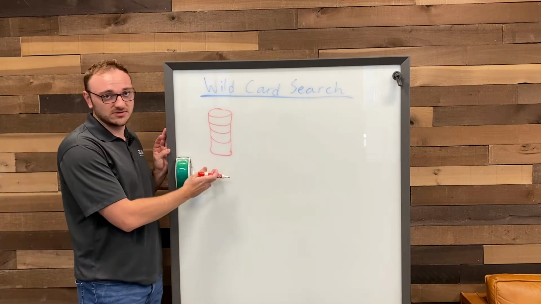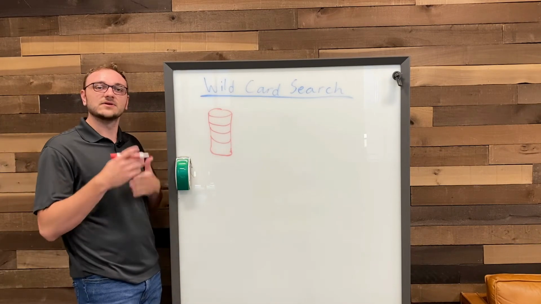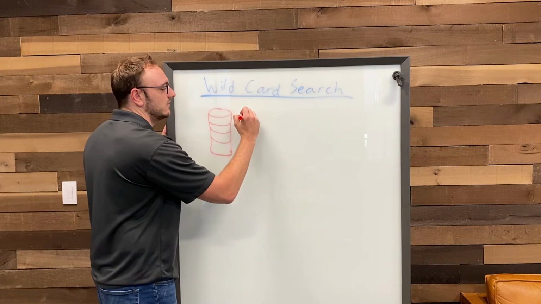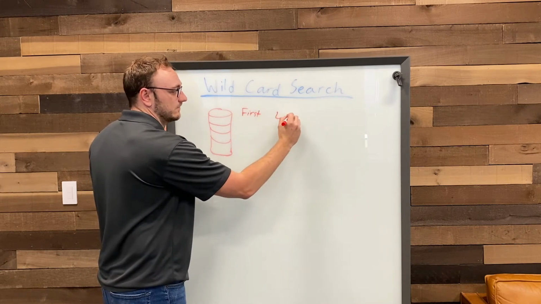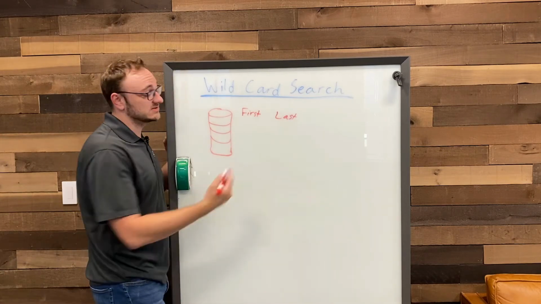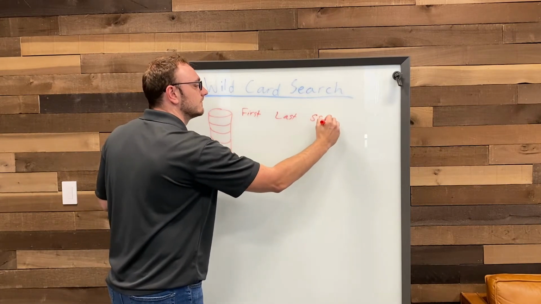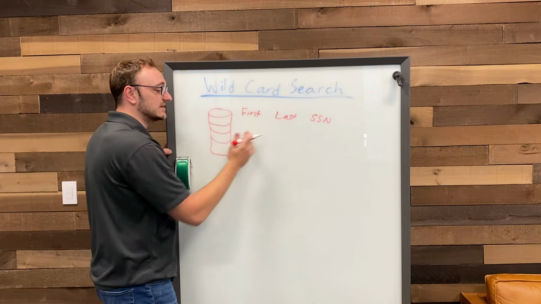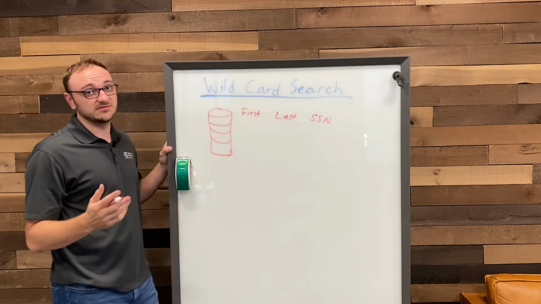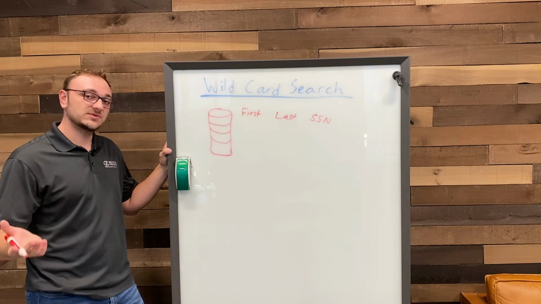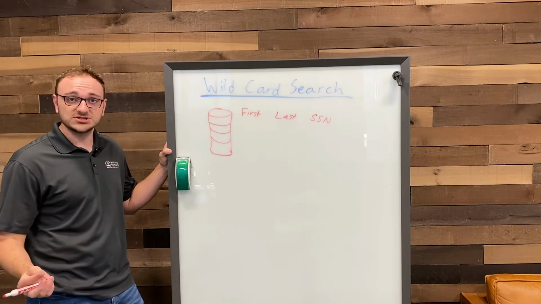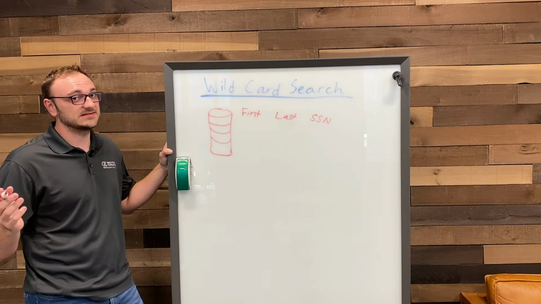So here we have our tokenized database, and let's say that the different columns are first name, last name, and social security number. All of these values in this database are tokenized, so they're not actually what they should be. Now the user would connect to an application, and that application will have access to a clear text table.